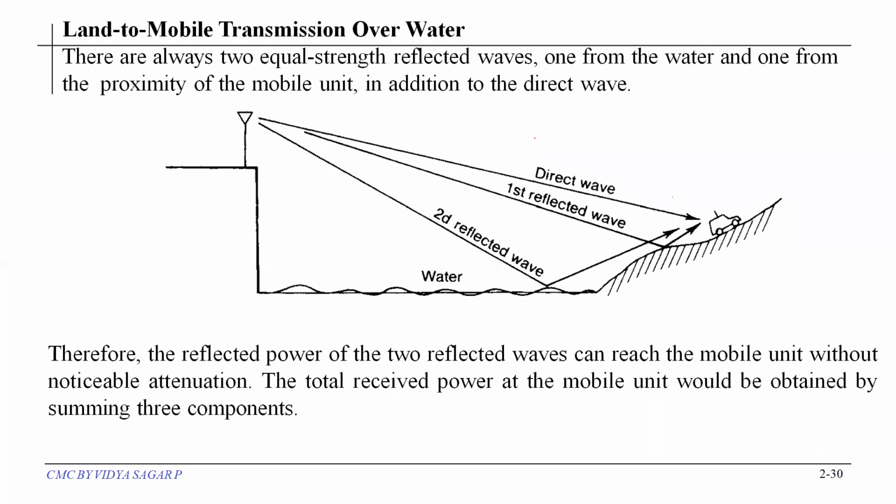Out of these, the reflected wave whose reflection point is on the water is considered because there is no surrounding point near this point. The reflected energy is strong.